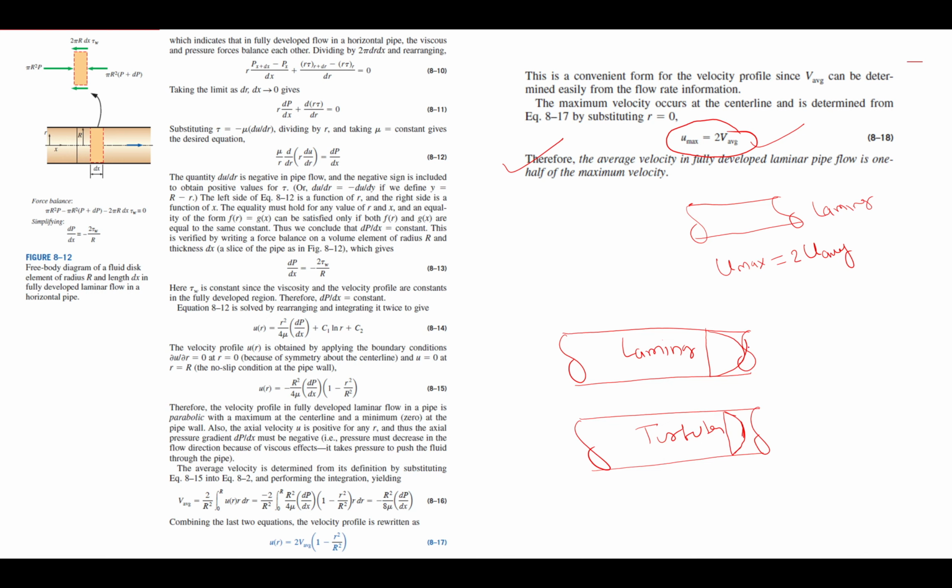So this expression is valid for this pipe only. U max, that is the middle value, is equal to 2 times the average. Average means what? Average means everywhere you have considered the average velocity. Even here it is 0, but you have considered some velocity.